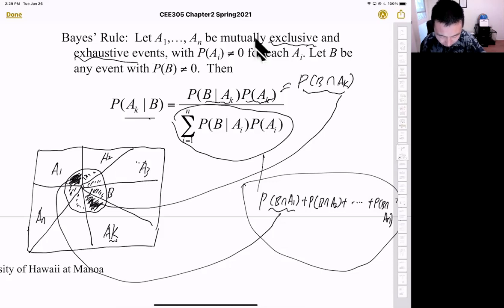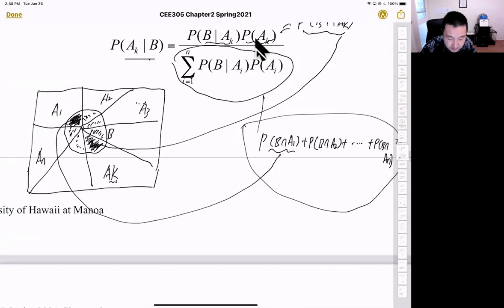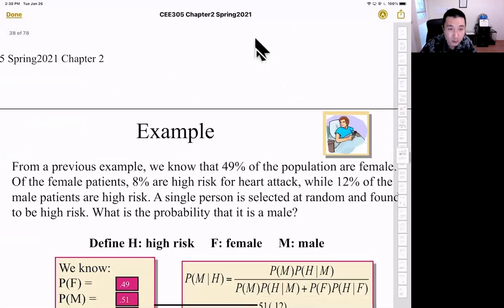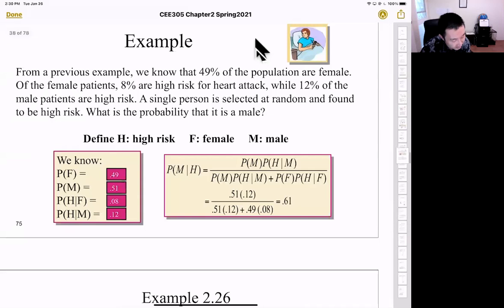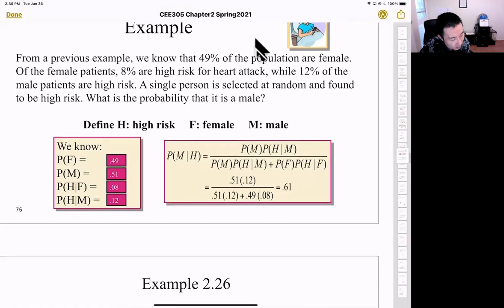So using Bayes' rule, let's resolve another question, the previous question about heart attack. From the previous example, we know 49% are female, and for females, 8% are high risk for heart attack, and for male patients, 12% are high risk. A single person is selected at random and found to be high risk.